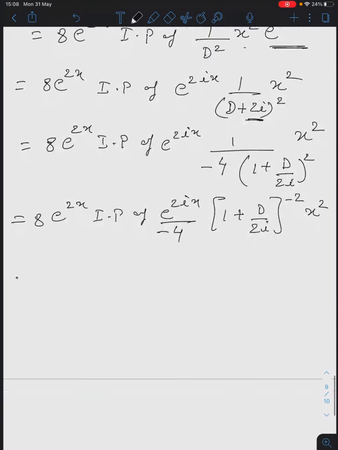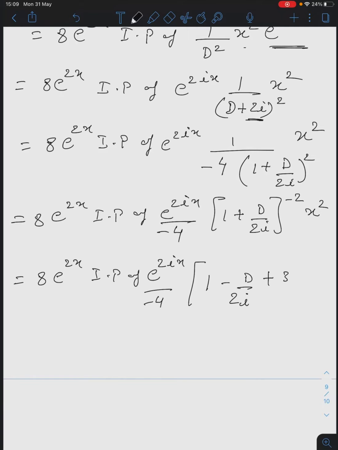Now we need to expand this one. So this is 8e to the power 2x, imaginary part of e to the power 2ix by minus 4. Okay, expansion will be 1 minus 2D by 2i plus, since you have x square up to D square you will get, 3D square by 4i square, and so on.